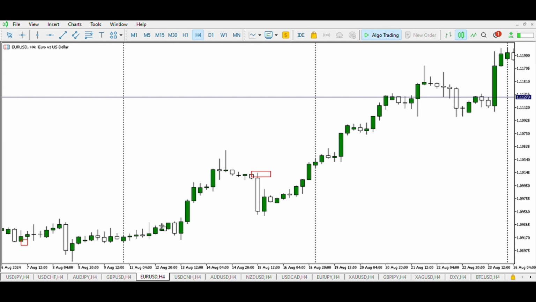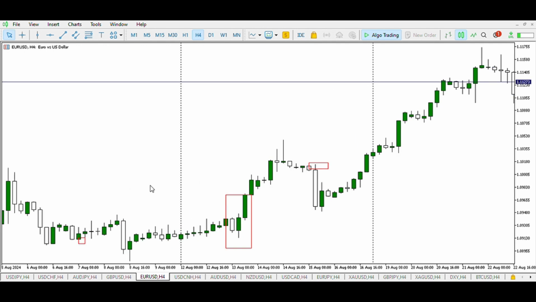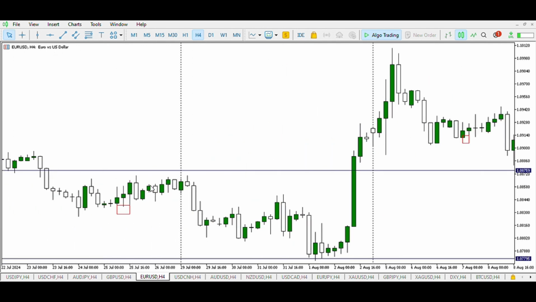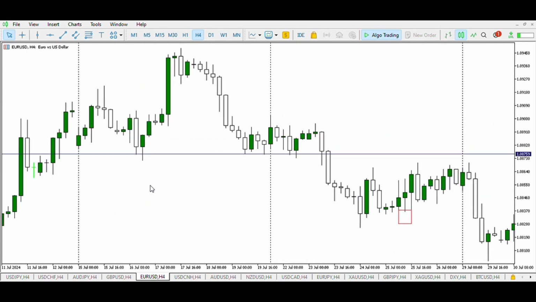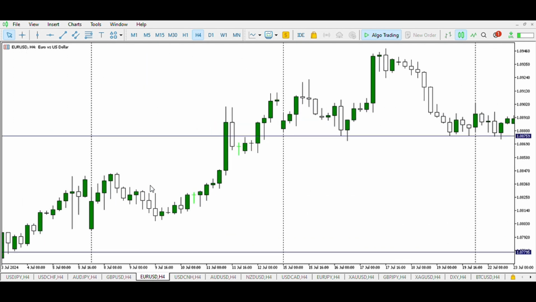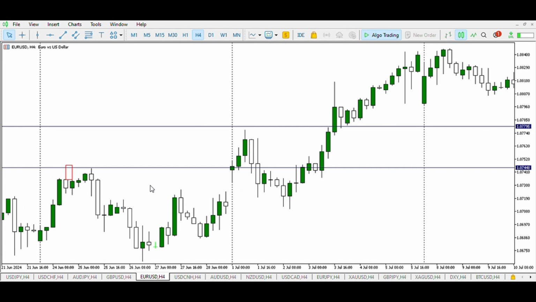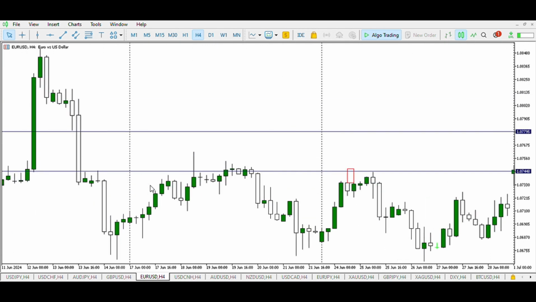Here is a healthy swing point. So what we have learned here is how to identify swing points and how they are used by the market maker.